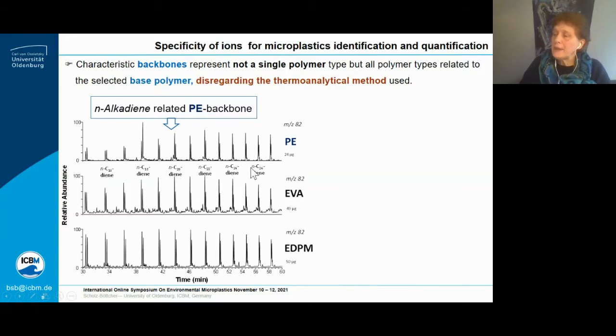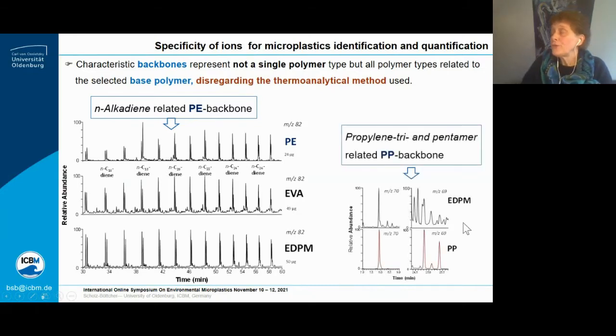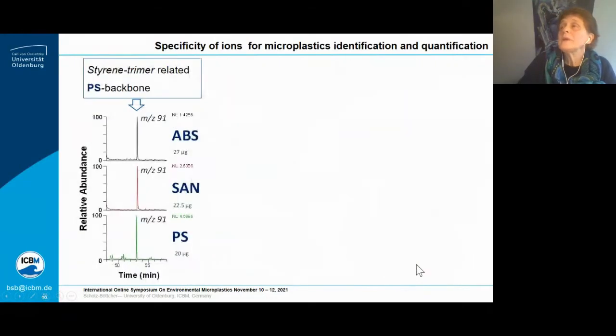And if we look at that, we have the same pattern observed for pure polyethylene, but also for ethylene vinyl acetate or for ethylene propylene diene rubber. And the same holds true for the rubber and the polypropylene backbone, which is also included in this polymer. So all these polymers are detected as PE, or here as polypropylene.